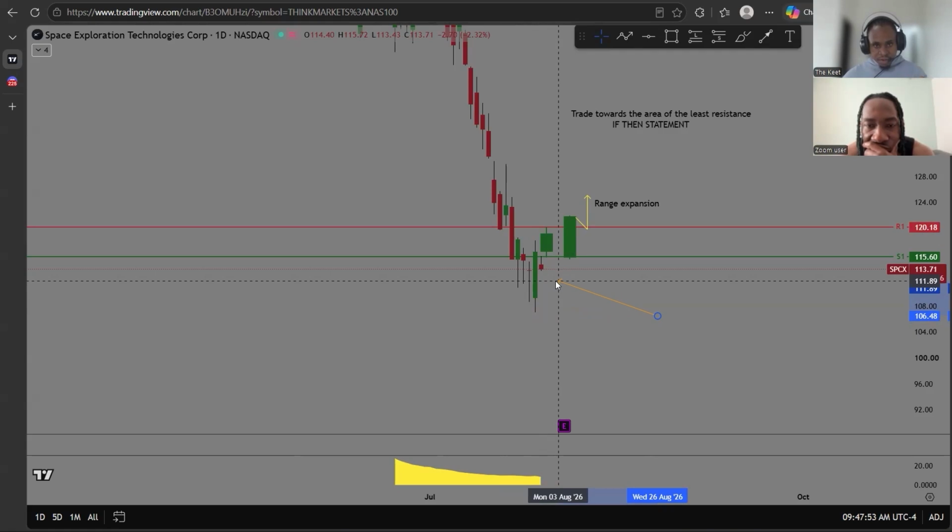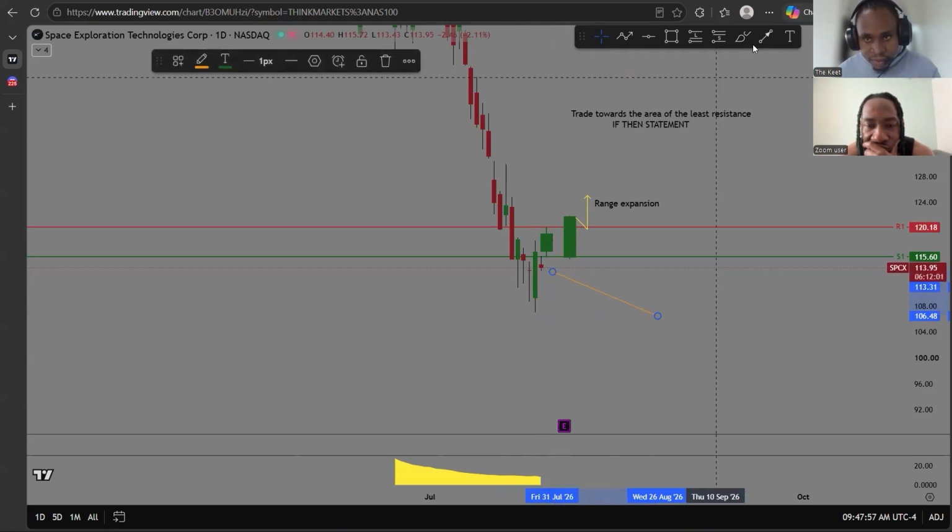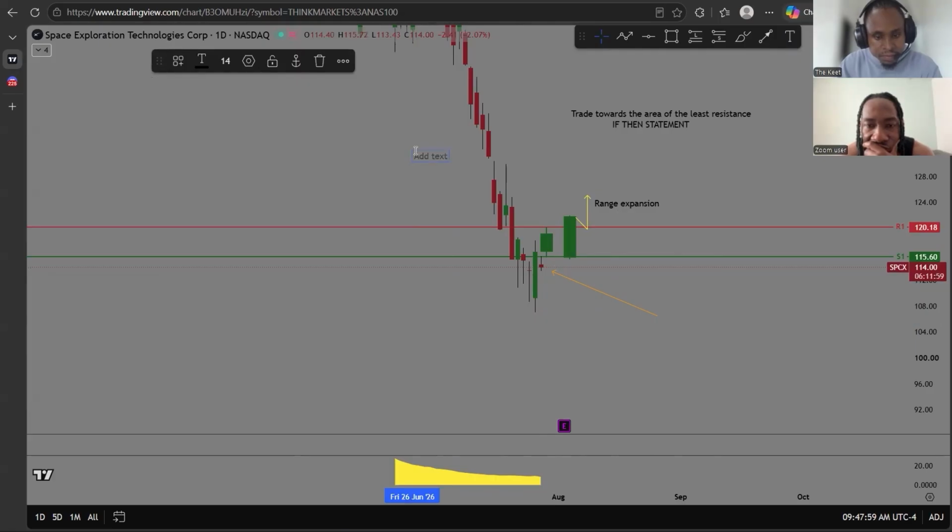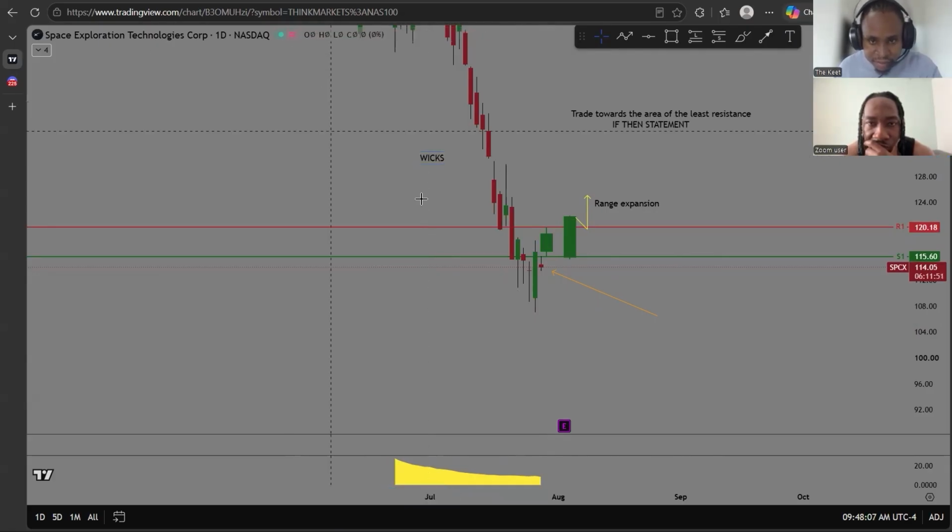You can see it on the weeks. These are weeks. That is what's called the print. So for this green candle, you could see this is the print. That's the extreme of the candle.